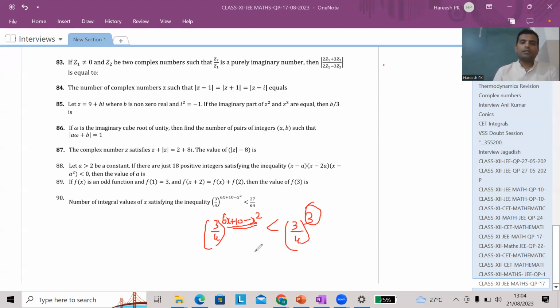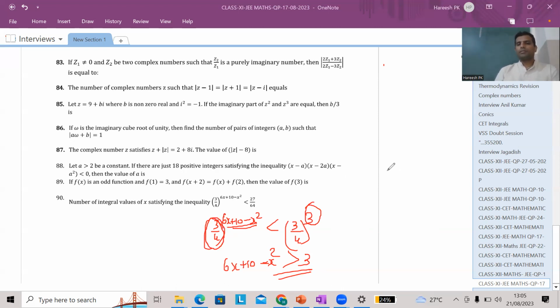But the trick is, whenever you have a base less than 1, inequality will reverse. That means 6x plus 10 minus x square will be greater than 3. And this applies only when the base is less than 1.